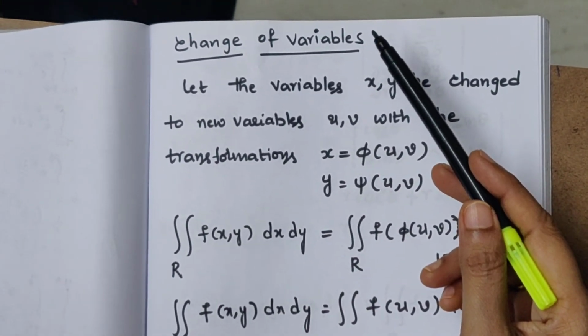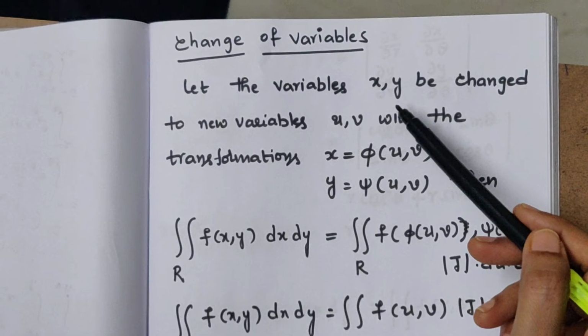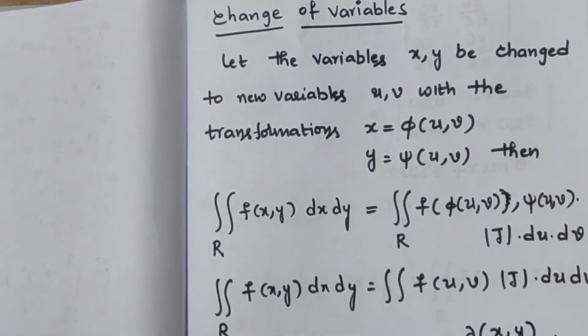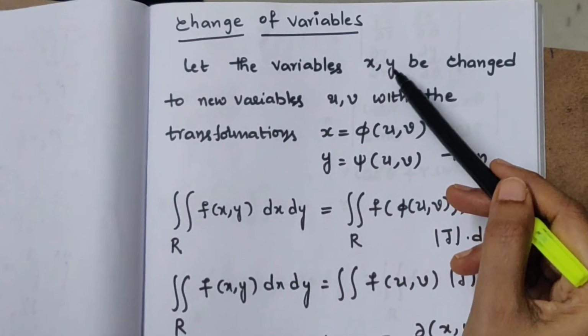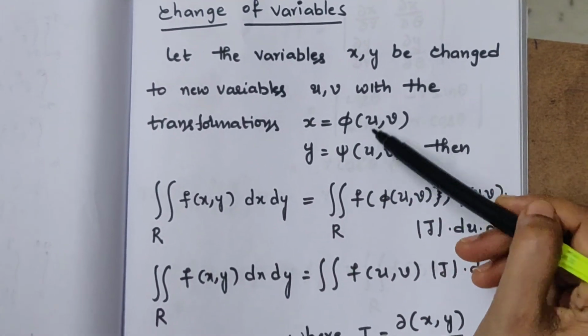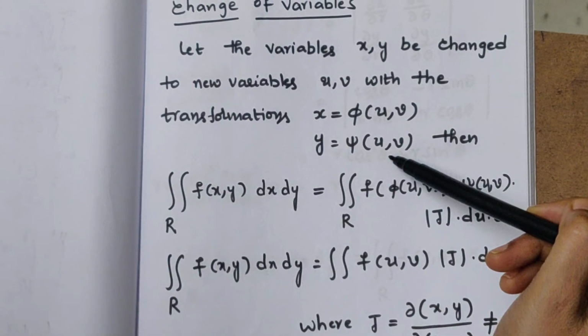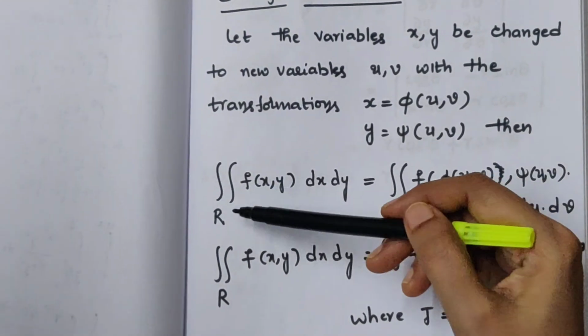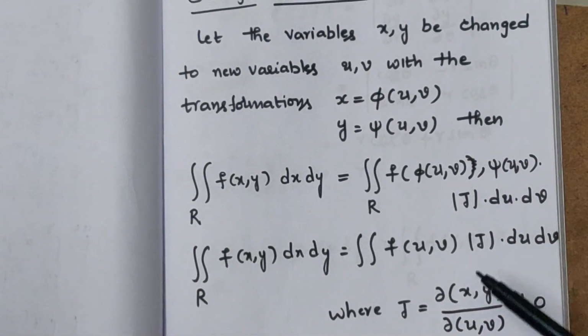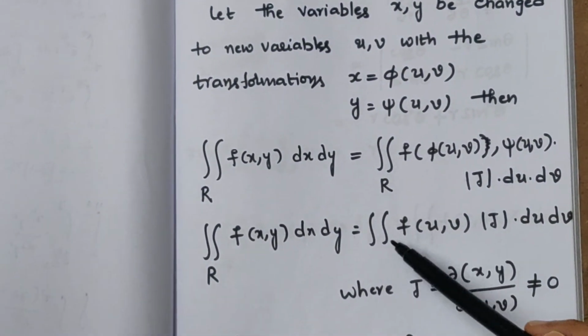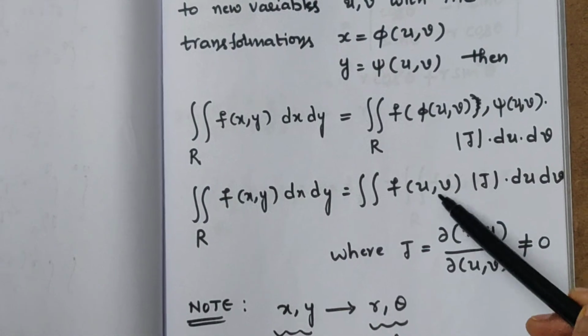That's how to convert one set of variables to another set of variables. If you want to convert x comma y to u comma v with respect to these transformations, in that situation the double integral with the variables x comma y turns to the double integral in terms of the variables u comma v.